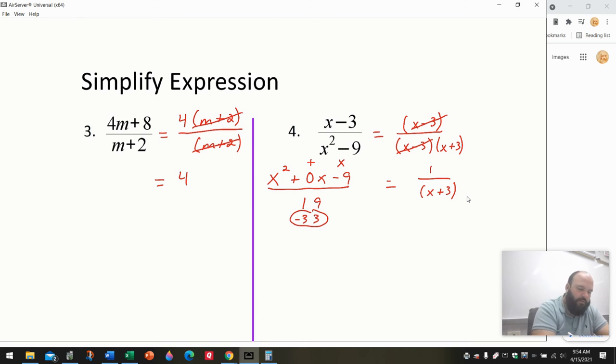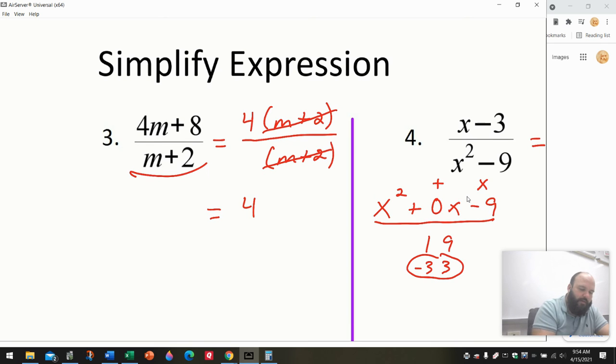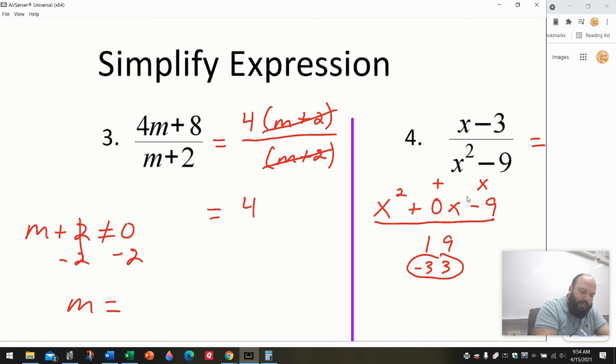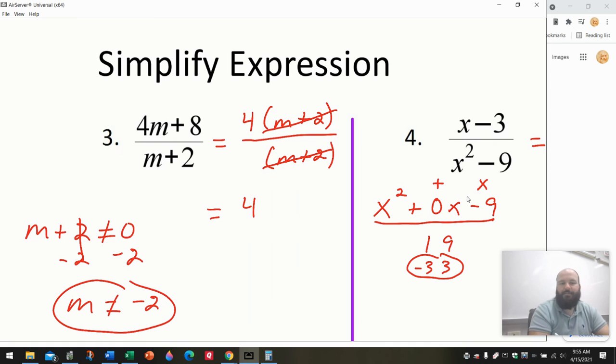So if we look at number 3 here, you can see we have m plus 2. M plus 2 is not allowed to be 0. So I will say m plus 2 cannot be 0. To solve that, I subtract 2 from both sides, and I get m equals negative 2. I should say m cannot be negative 2. So this would be our restriction for this particular rational expression.